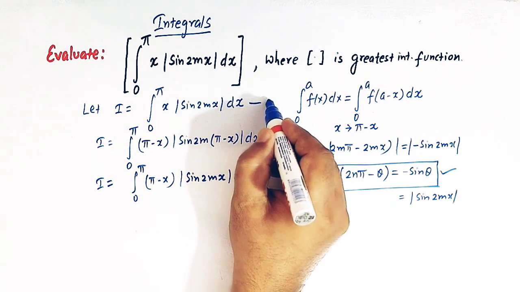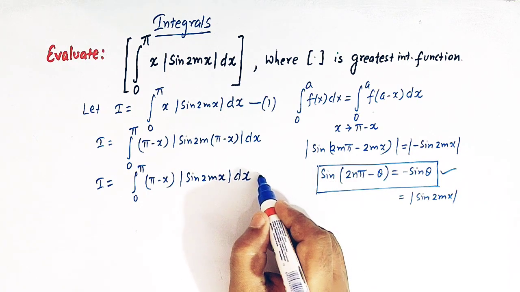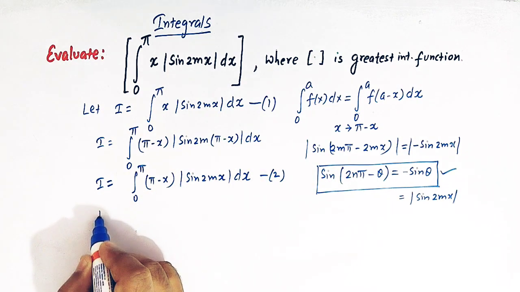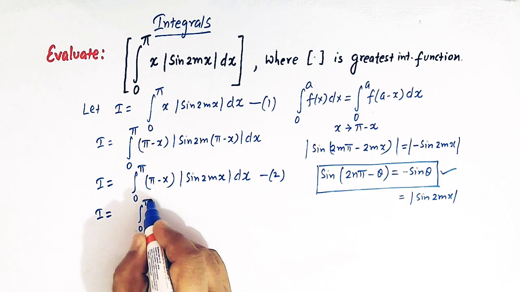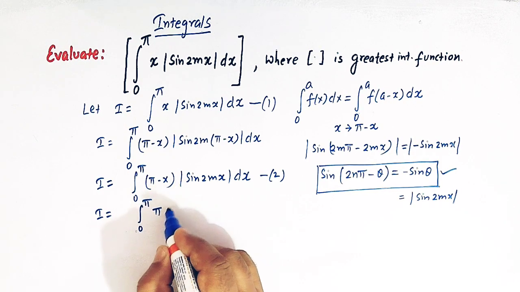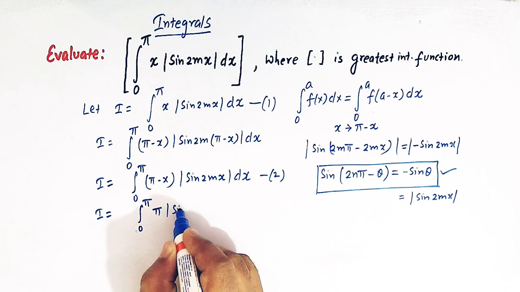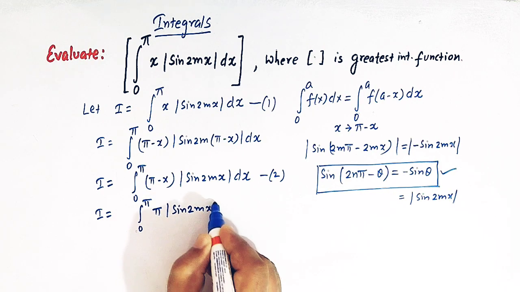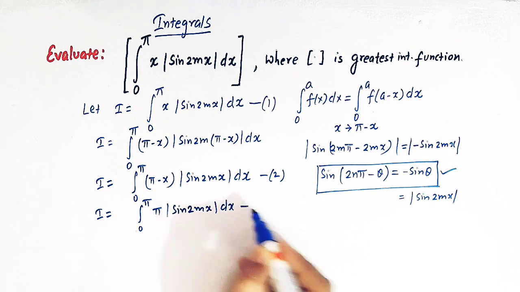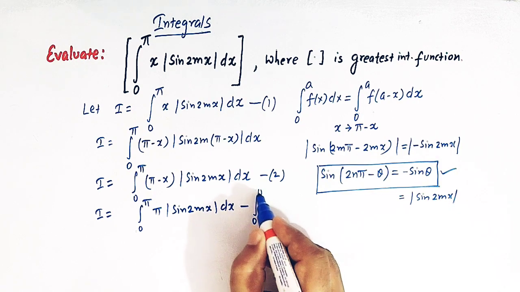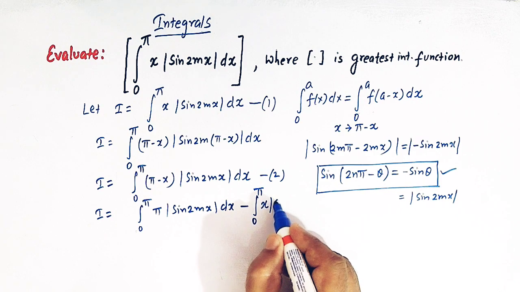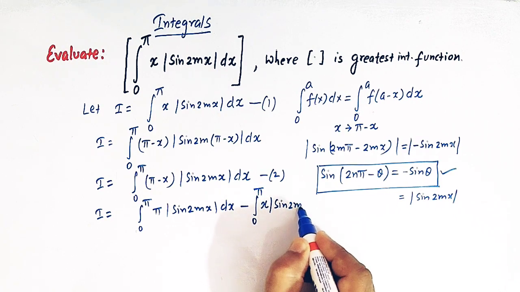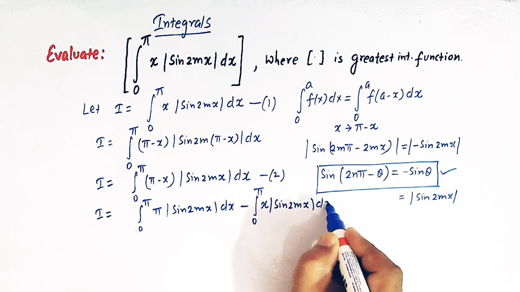Let us call this integral 1, and this one 2. We can further write this integral as the integral from 0 to pi of pi times mod of sine 2mx, minus the integral from 0 to pi of x times mod of sine 2mx dx.